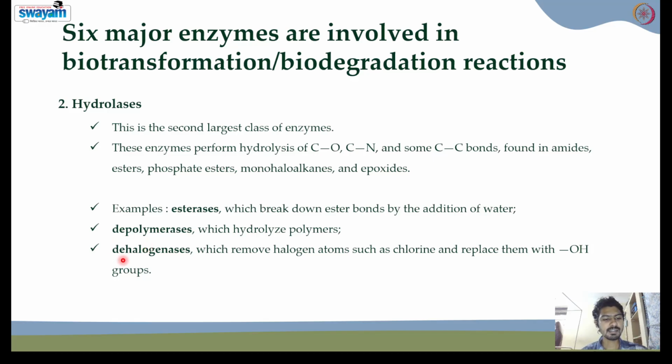And the third class is dehalogenase, which removes the halogen atom from the compound and replaces it with OH groups. So hydrolase acts as a molecular scissor to cut the chemical bonds using water molecules. And this is the second largest class of enzymes after oxidoreductase.